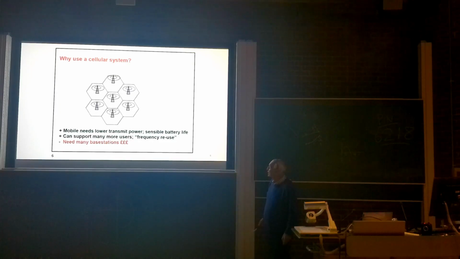So here we have the cellular systems. Why do we have to use cellular systems? Each transmitter, base station, transmitter, receiver, has a limited range. You can up the power, but that doesn't increase the range very much by comparison. At lower frequencies, you get more range. So the old 1G and 2G systems had more range than 3G, 4G and 5G.